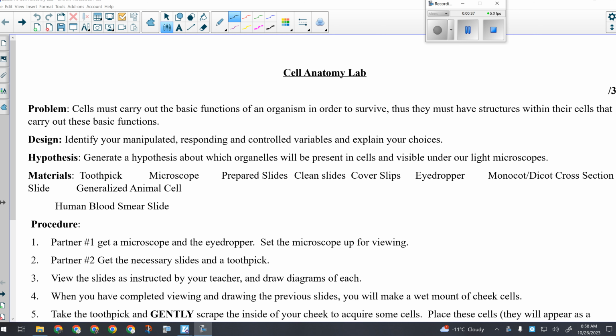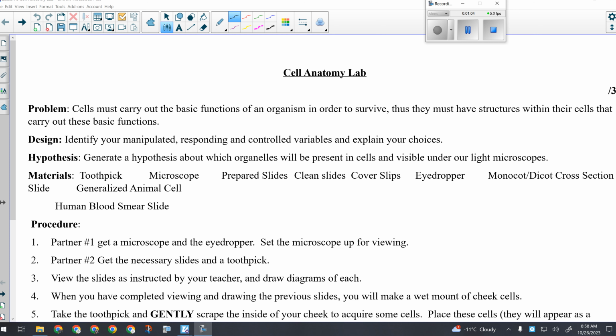Now, in this experiment, we will be looking at a plant cell, an animal cell, and a cell from your cheek. So 2 animal cells and 1 plant cell is what we're going to be looking at, which gives us an example of each mode of nutrition, or a cell from an organism using each mode of nutrition.